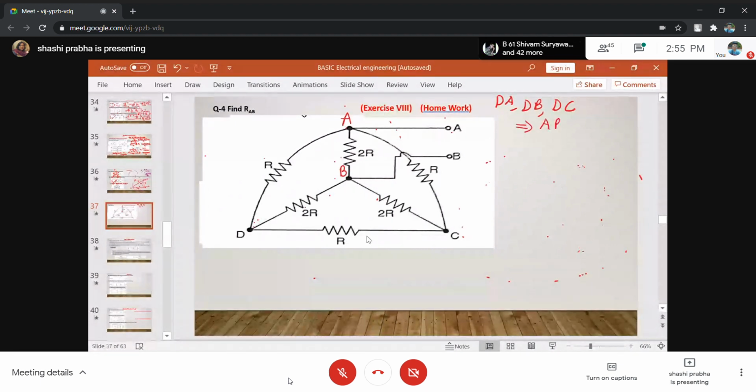This is A B, B C and C A. So which three branches are we losing? We are losing D A, D B and D C, the lines marked with a cut. Which we are getting after conversion: A B, B C and C A.